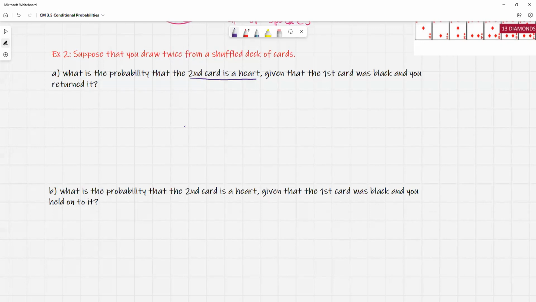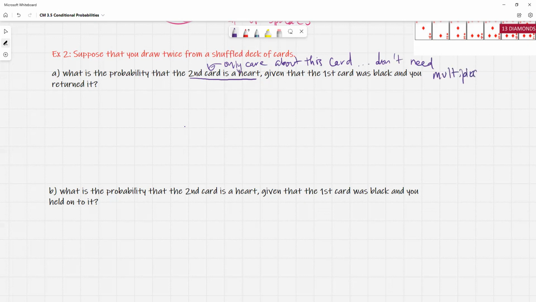I don't really care too much about the probability of the first and the second. Here, this is asking, what is the probability that the second card is a heart? So I'm still only going to have one probability. I'm not going to multiply here because we only care about this card. Don't need multiplication, okay?